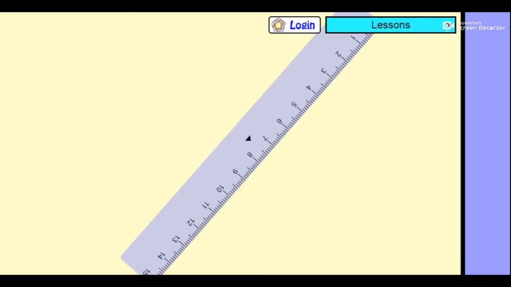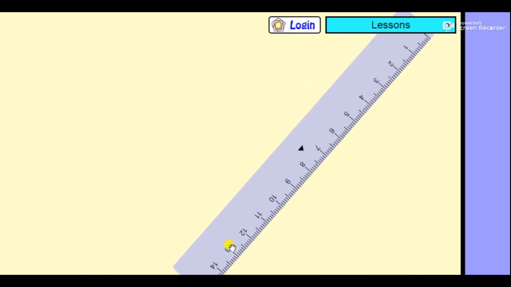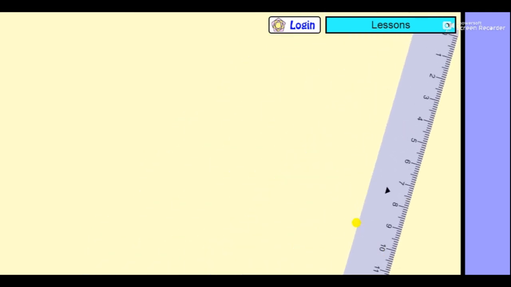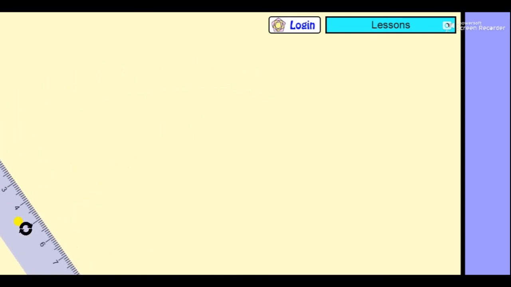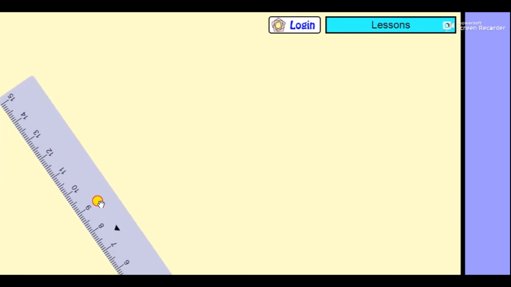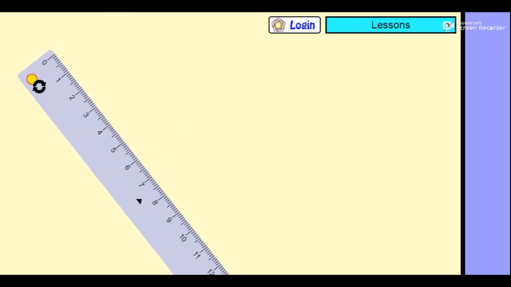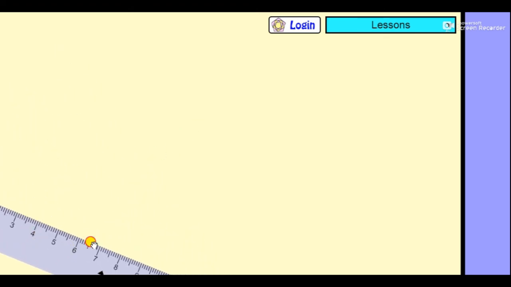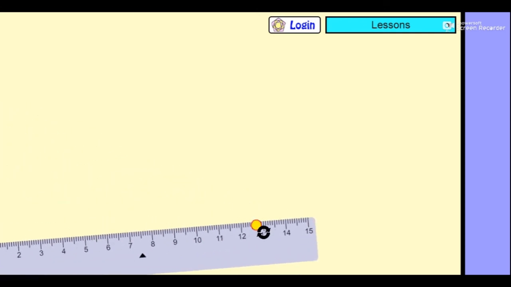How can we draw it? You can take this one as a scale. First of all, take the scale and make a 90-degree triangle.